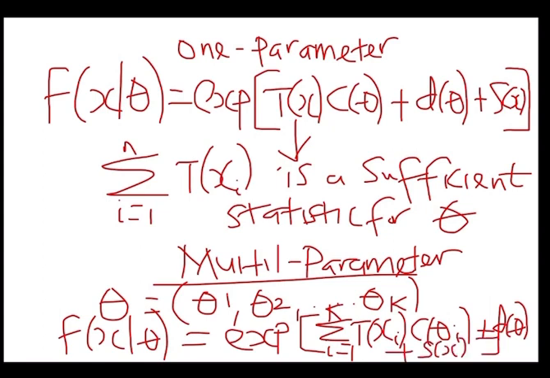So what I'm showcasing now is, when you have a one-parameter family and a multi-parameter family, the implication of a distribution following the exponential family is that we'll be able to obtain a sufficient statistic.